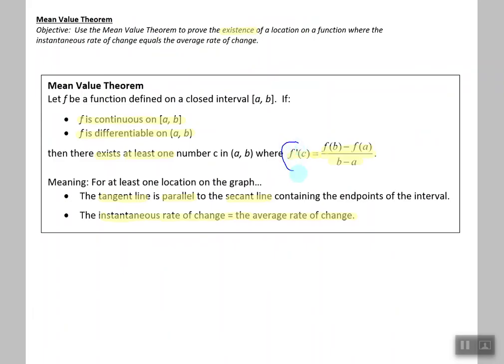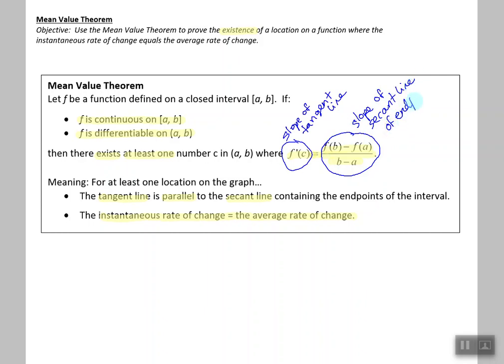Remember that the derivative means the slope of the tangent line, and the average rate of change means the slope of the secant line connecting the endpoints.